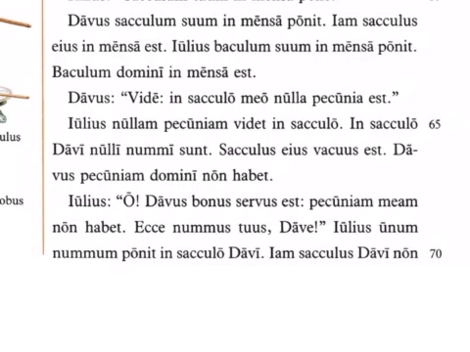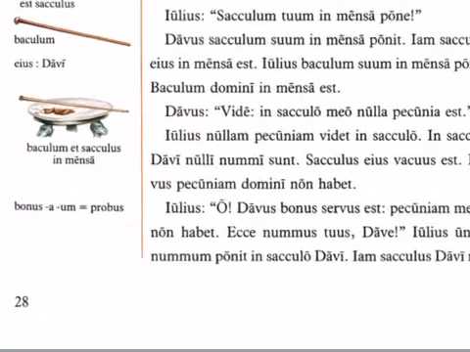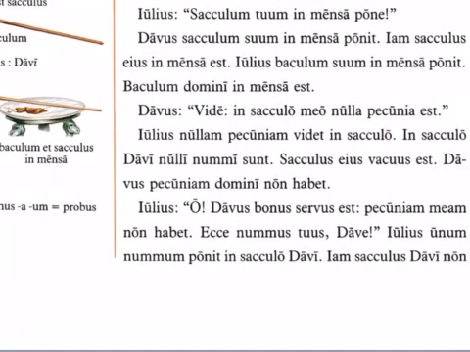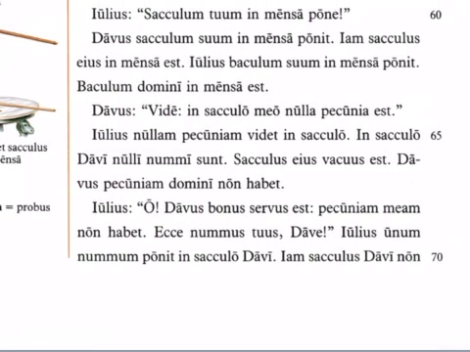Pecuniam meam non habet. He does not have my money. Ecce numus tuus, Dave. Look, your coin, Davus. Remember, ecce draws your attention to something. So at this point, Julius is holding a coin out to him. So he takes one of the 10 coins he had in his pouch and he hands it to Davus, because this is a reward for being honest and not having stolen his money.